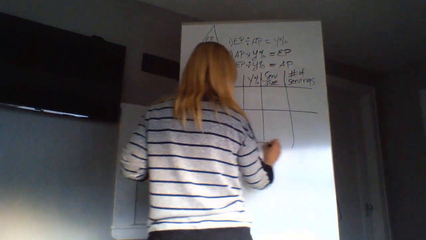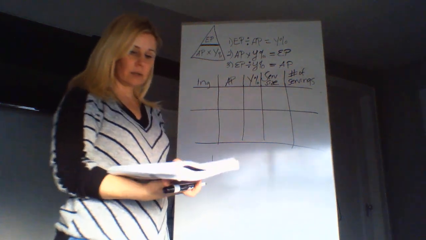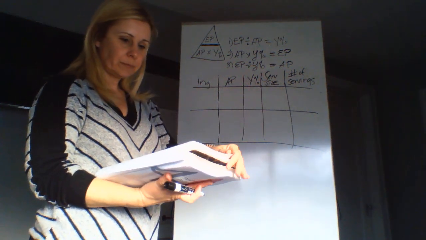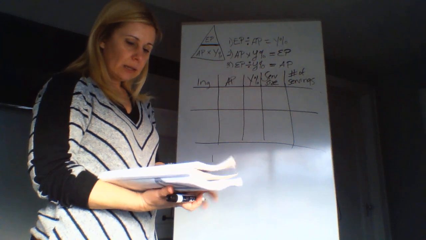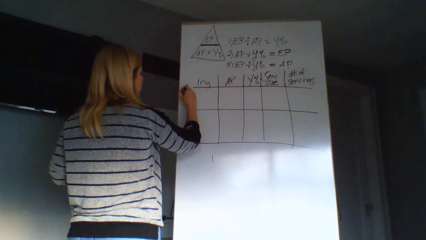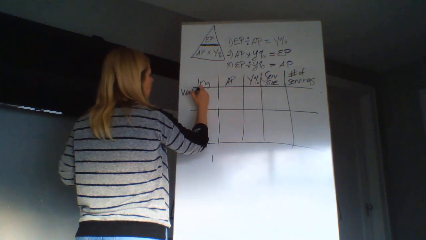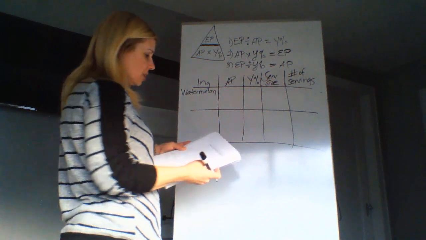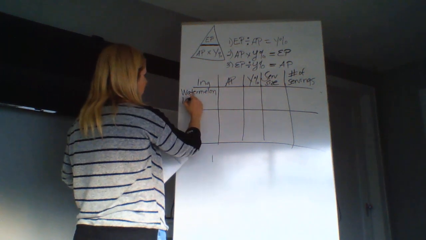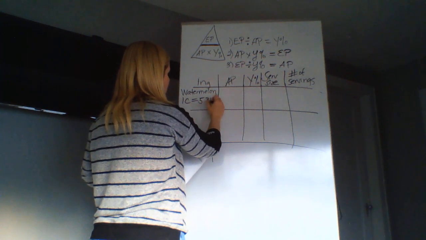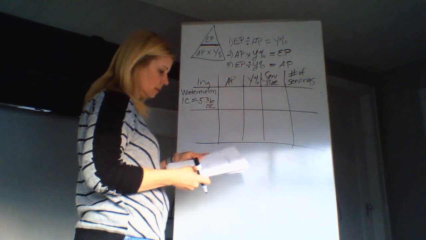Okay, let me glance through and see which ones we might want to do. Okay, let's do watermelon first, okay? So watermelon, let's put the information they gave us there in case we need it. 1 cup of watermelon weighs 5.36 ounces.